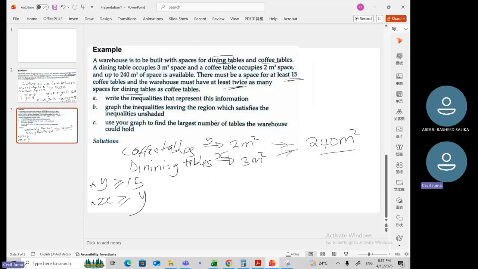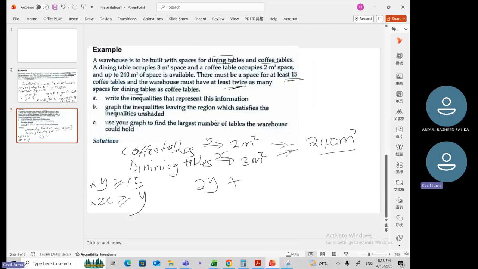You have Y coffee tables, representing the number of coffee tables. If you multiply them by 2 square meters, it will give you the total area the coffee tables will occupy. And this should be added to the dining tables.